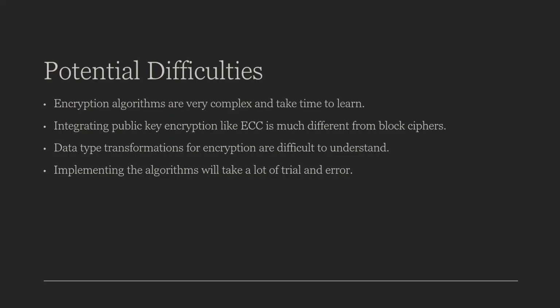So, for example, you had to take your string, transform it into an unsigned integer, and then transform the unsigned integer into a hexadecimal for encryption. And for decryption, you had to do the opposite. And it was kind of difficult getting used to the bitwise operators needed to perform this.